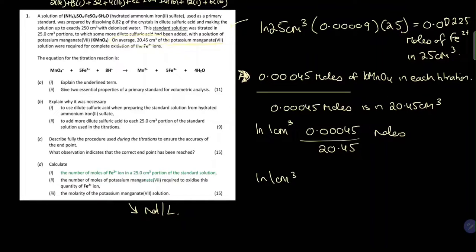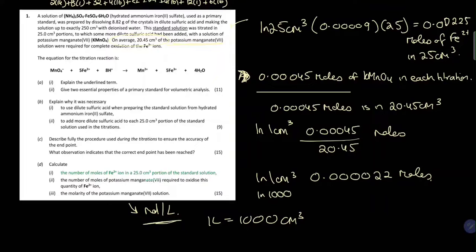Working that out on the calculator then, we're going to get 0.000022 moles. Bringing it back up to how much is in a litre. Remember, 1 litre is 1,000 centimeters cubed. So we're going to multiply this whole line, top line, by 1,000.